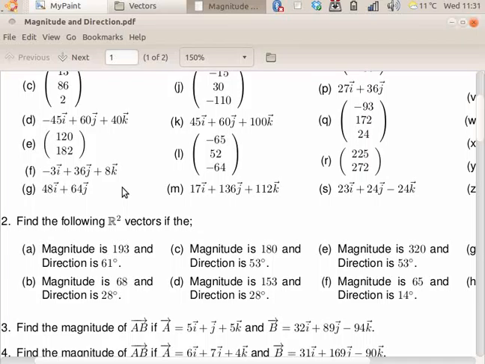Okay, so how many people have an answer now? Do you have one? So what did you get, Hassan? 175 plus 88J. Ah, yeah, but give me the magnitude. See, I want the length, not the vector. Give me the magnitude of that. Joseph, what did you get? 135. Miranda?